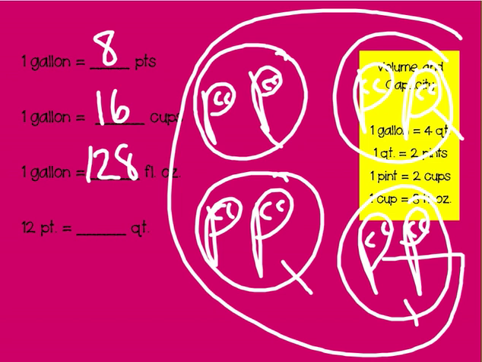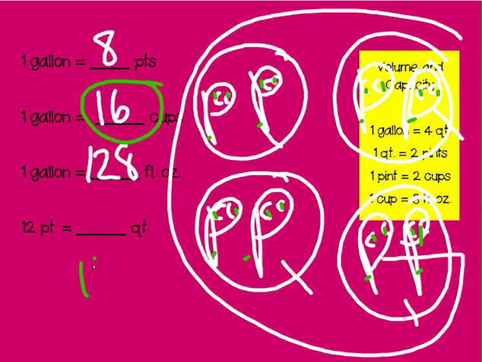So now you can easily count up the number of pints. You've got 1, 2, 3, 4, 5, 6, 7, 8 pints. You can count each of the cups: 1 through 16. There are 16 cups, just like we figured with the rate table.